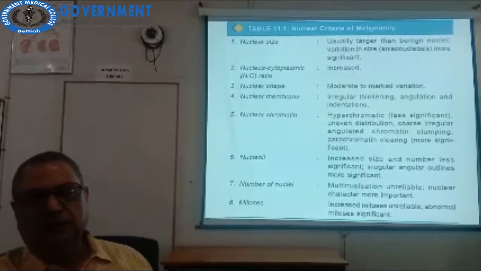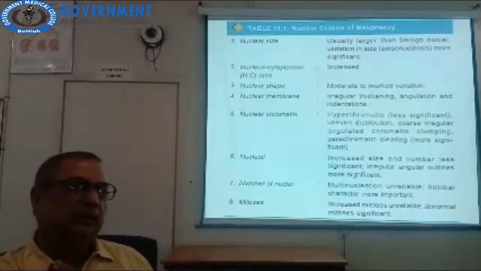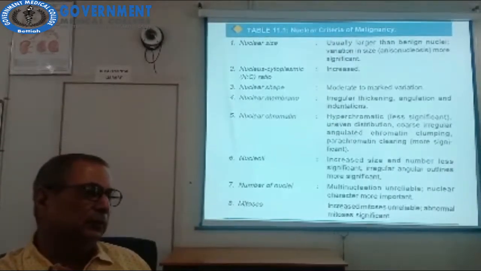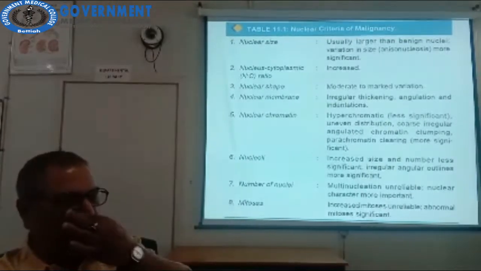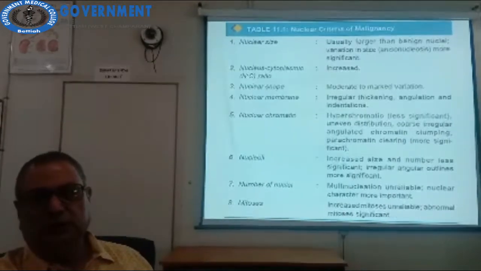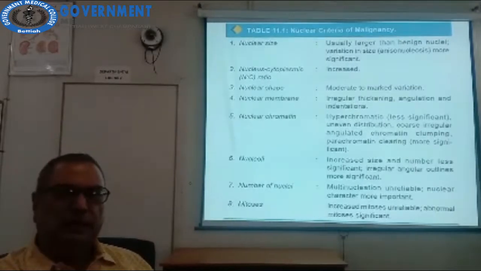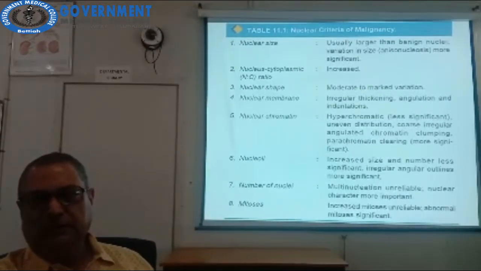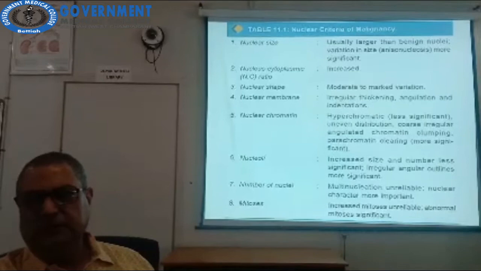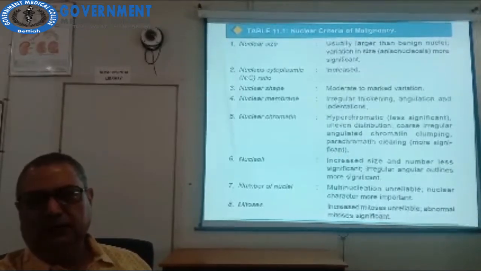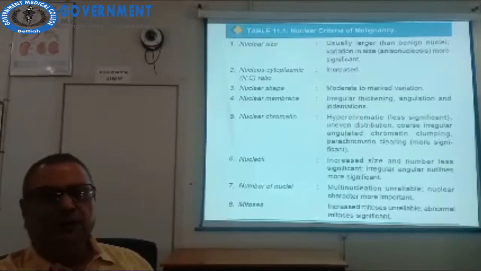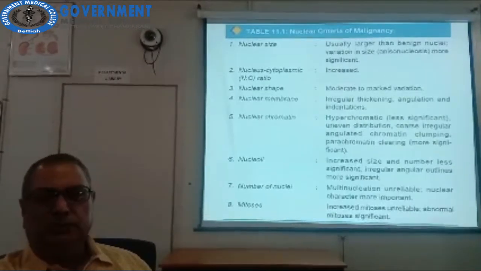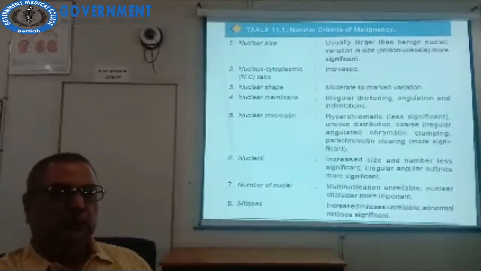This angulation on the nuclear membrane we take into account in reporting cytological preparations and histological also. Then nuclear chromatin: hyperchromatic nucleus is less significant. Irregular angulated chromatin clumping is more important, and parachromatin clearing is more important in cancer.